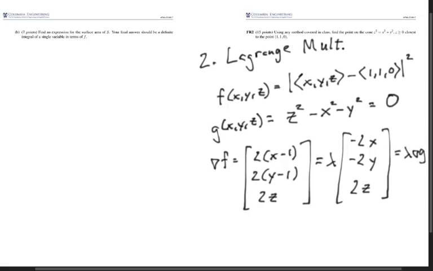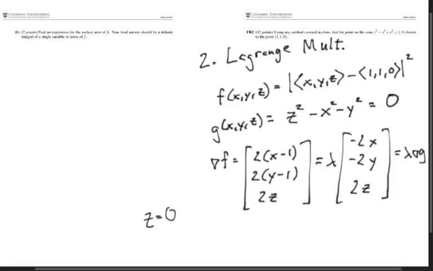So it's a really nice system of equations to solve. It's going to be pretty easy to do. I hope your eye goes to the last line first. All right, I've got 2z is lambda 2z. There's only 2 possibilities to solve an equation like that. Either z is 0.